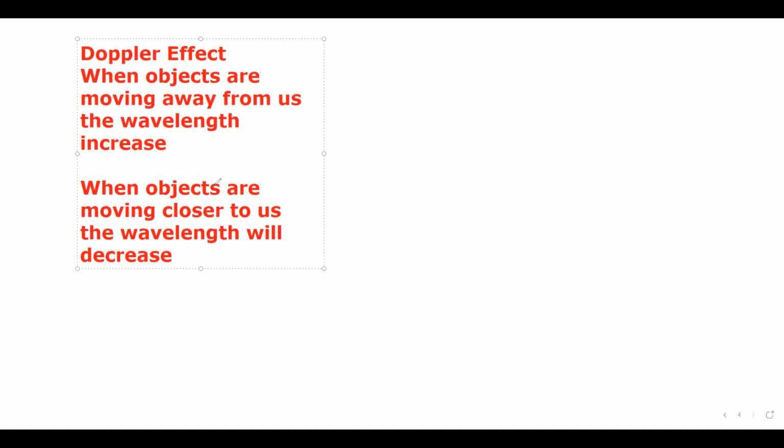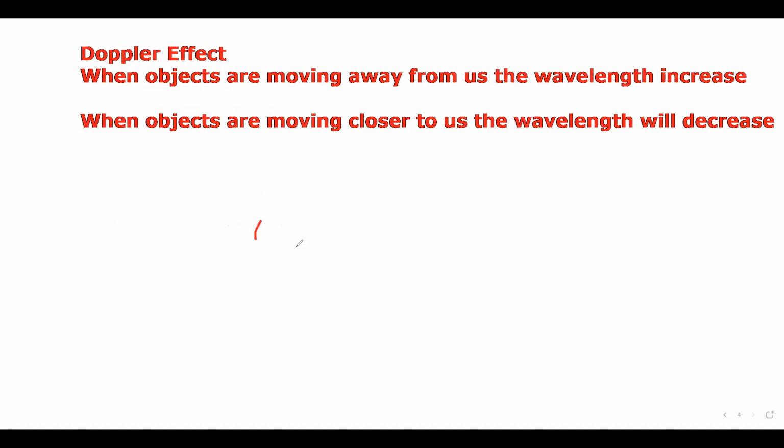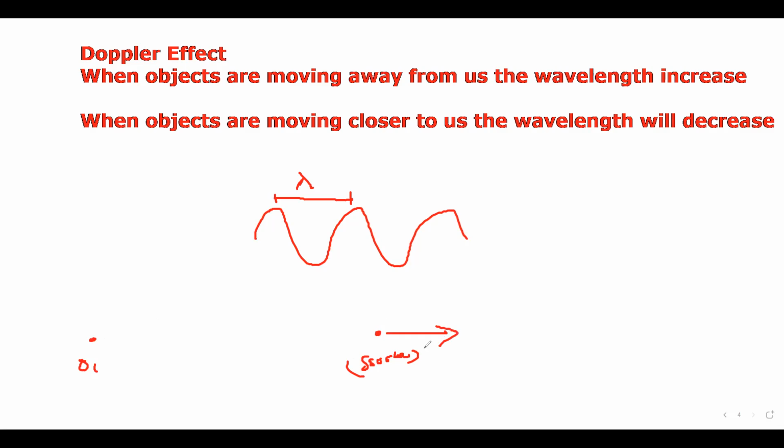Wavelength means the distance between the crests. If this is representing a wave, when we measure the distance between two successive crests, that is called a wavelength. It's denoted by the Greek letter lambda. So according to the Doppler effect, for example, this is a source which is emitting waves, and we are observing here, we are observer 1, and this source is moving away from us.